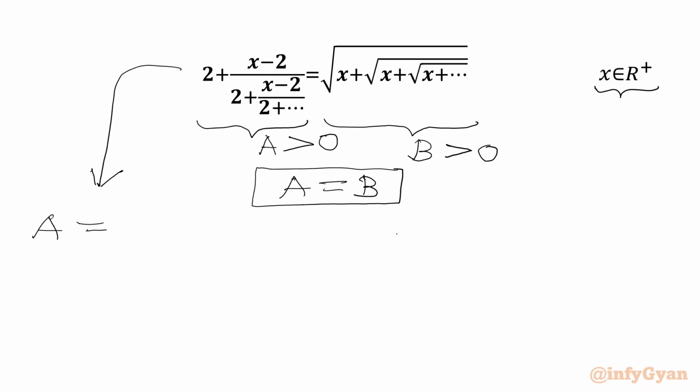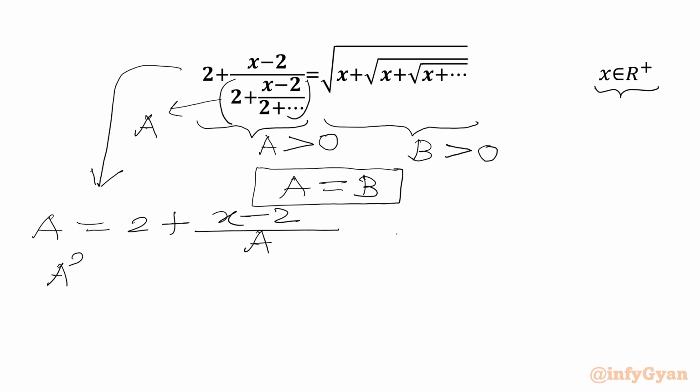LHS A equals 2 plus (x minus 2) over, and this denominator we can write as A once again, as it is an infinite continued fraction. So we will write A in the denominator. Now we will take the LCM.